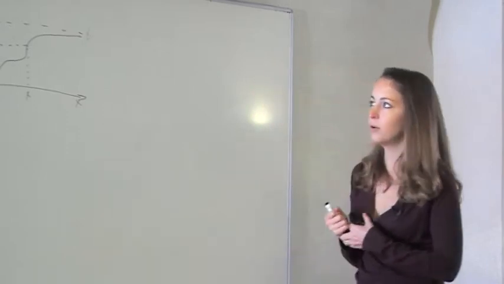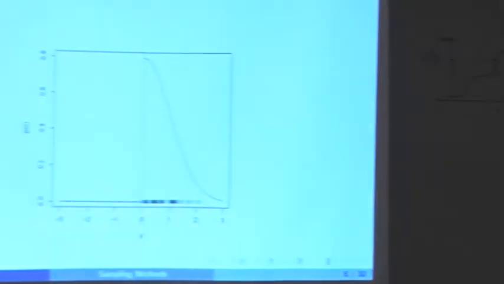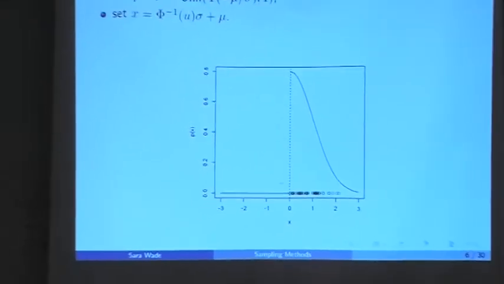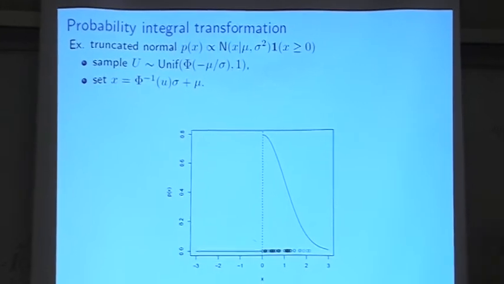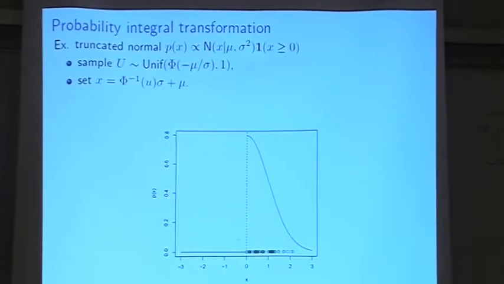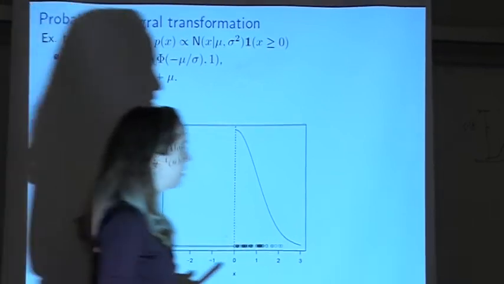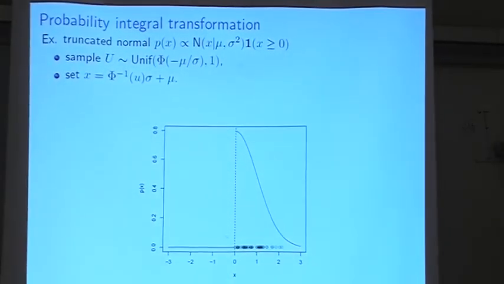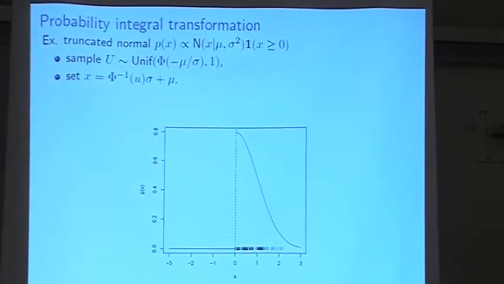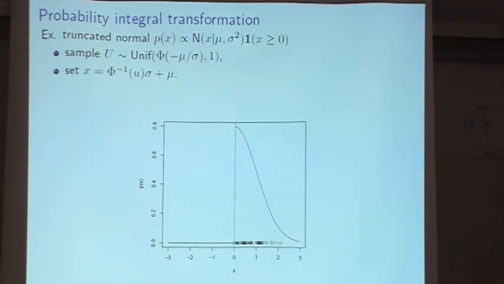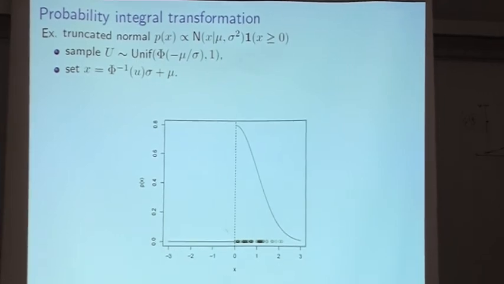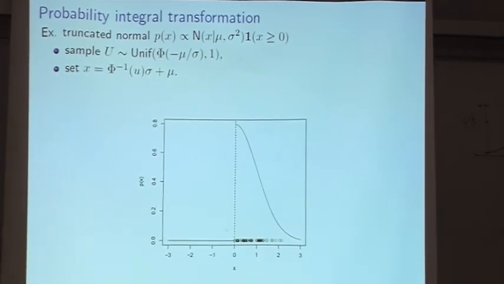So let's see an example of this. An example is if we want to sample from a truncated normal. So in this case, suppose this is the distribution function of the normal distribution.